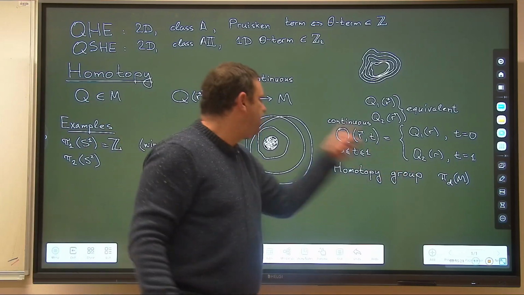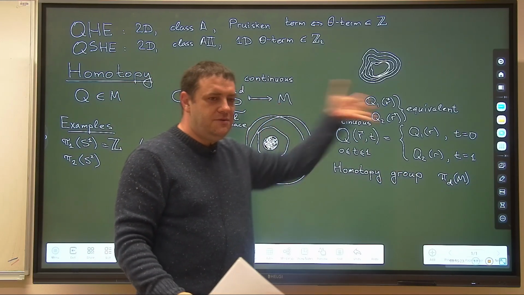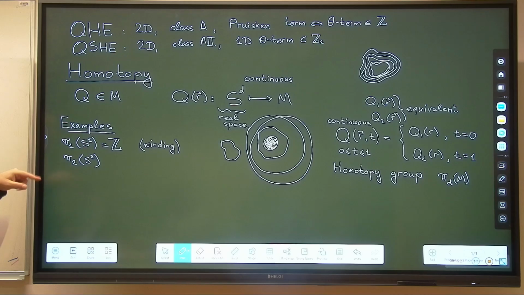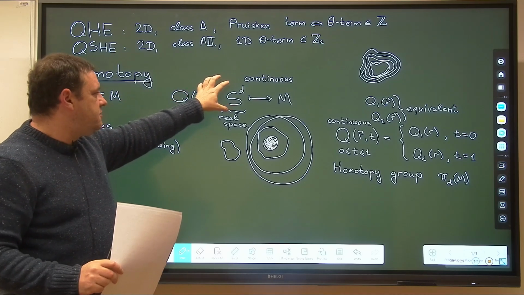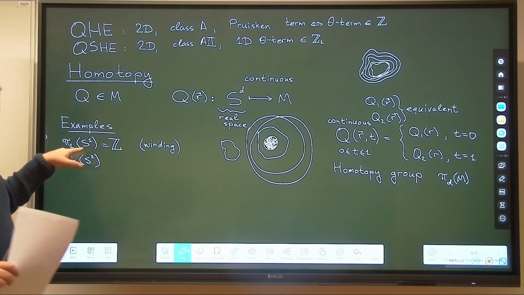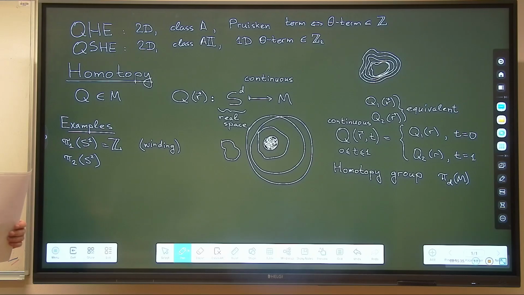D is the dimension of the sphere, and m is the manifold to which we map. So pi 1 of S1 means we map a one-dimensional sphere, just a loop, a circle, into another one-dimensional sphere. How to define the operation on this group, I will tell a bit later.